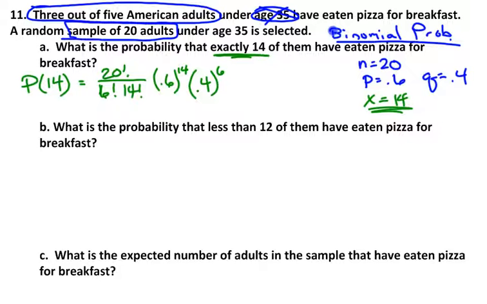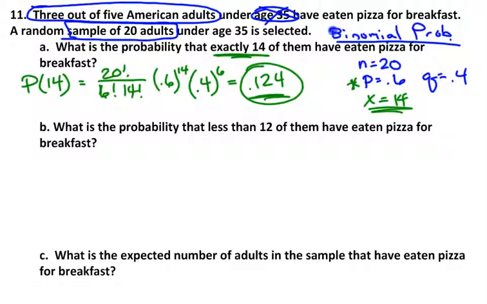However, another thing we could pick up on here is that with P equaling 60% or 0.6, we can use the table in the back of the book for this problem as well by just locating the part where N is 20 and P is 0.6. But for this particular problem, we can easily multiply this out just as fast. So that works out to be 0.124. So the probability that we have exactly 14 adults that eat pizza for breakfast is 0.124.